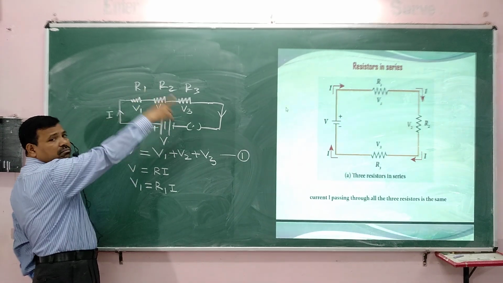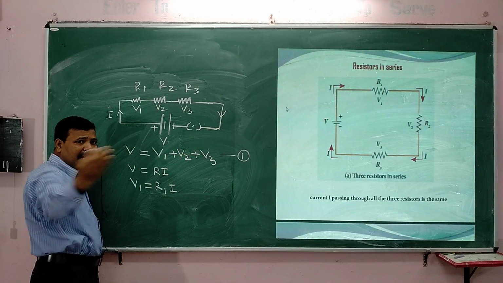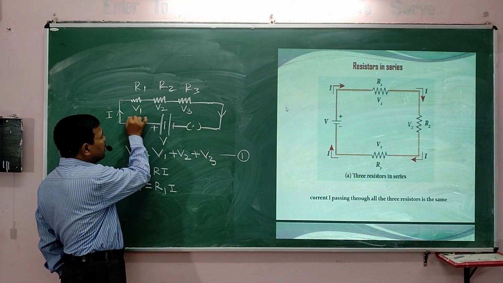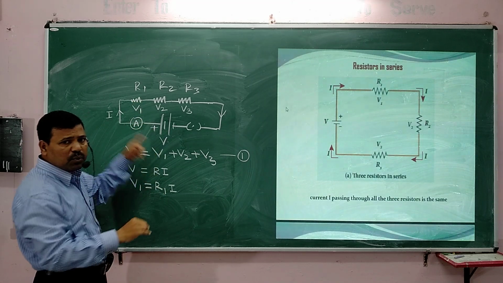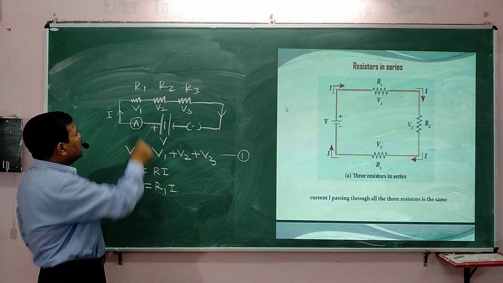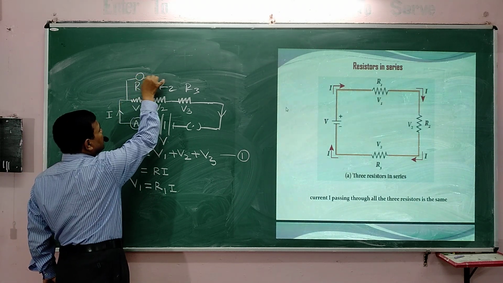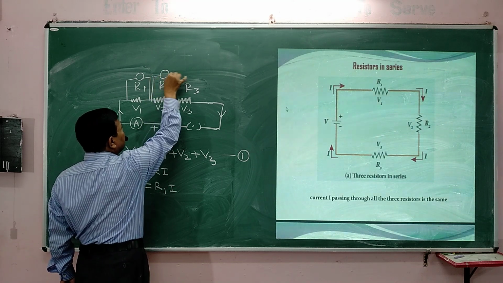I is the same. At every point, the electric current is the same. So that electric current you can measure by connecting one ammeter anywhere in the circuit. And to measure PD, you need to connect voltmeters. Like these 3 voltmeters are required here.